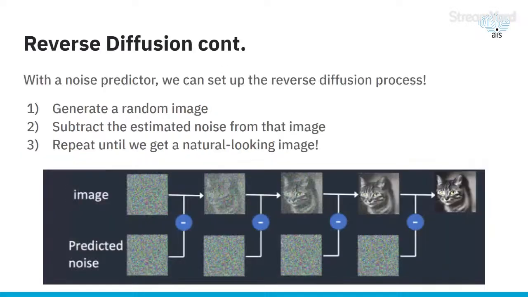With those, we actually have a way of doing reverse diffusion. We start with a random image. It's just random noise. We predict the noise from that image, subtract that predicted noise, and we just keep doing that a bunch of times.